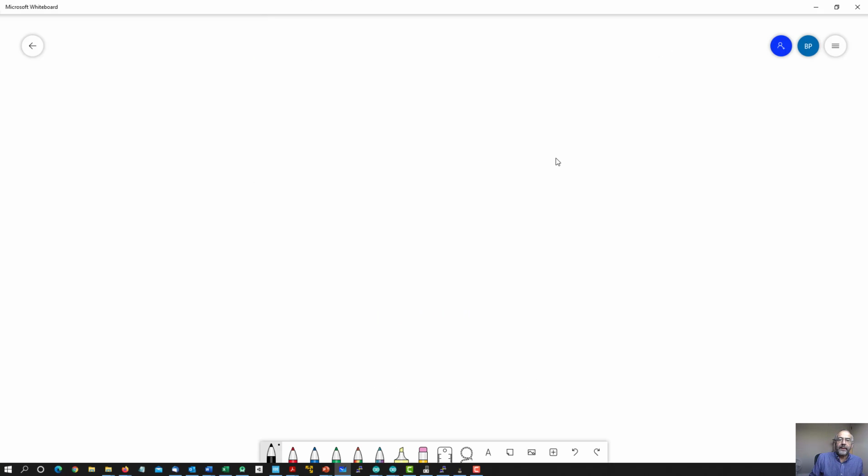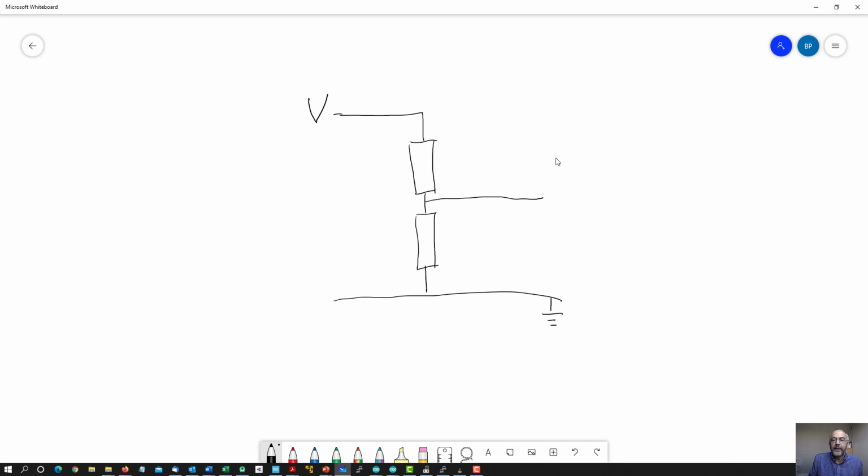So what it actually is, it's like this. We have two resistors. The bottom one connected to ground, the top one connected to a certain input, and this is then considered the output.